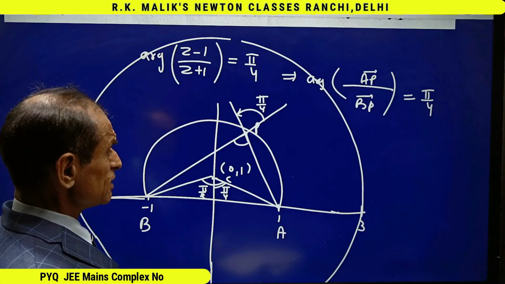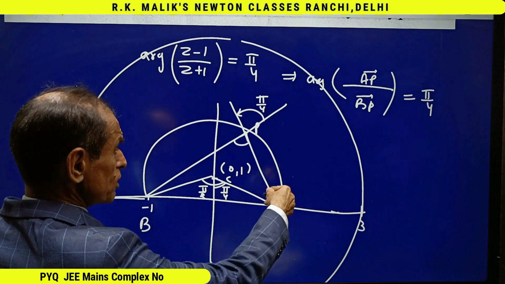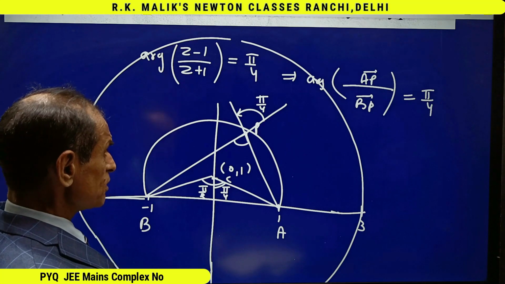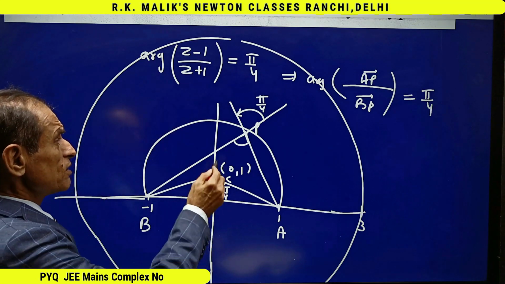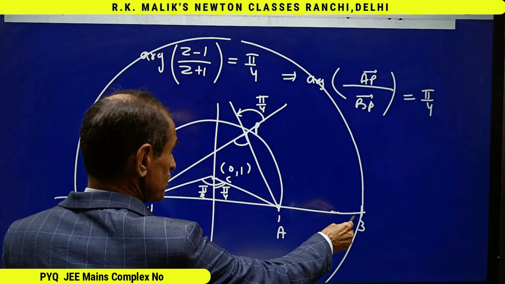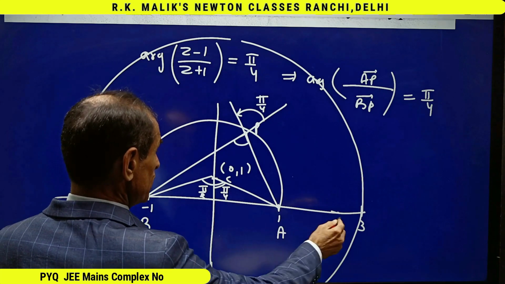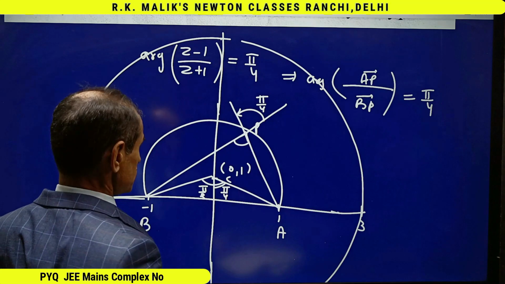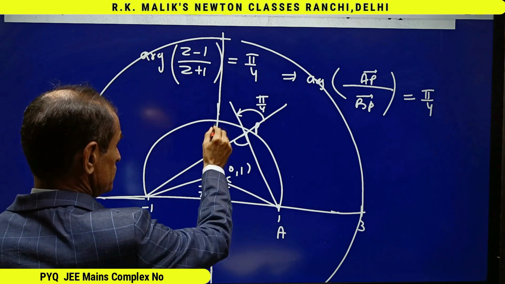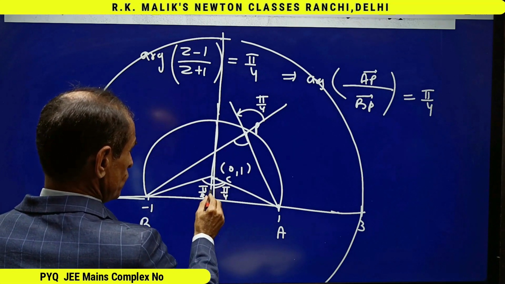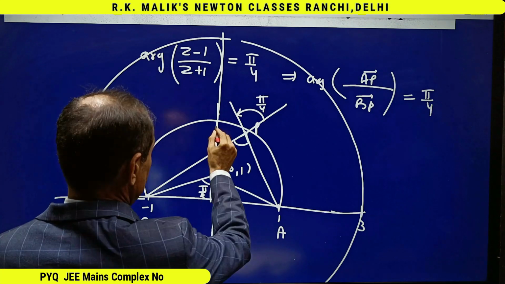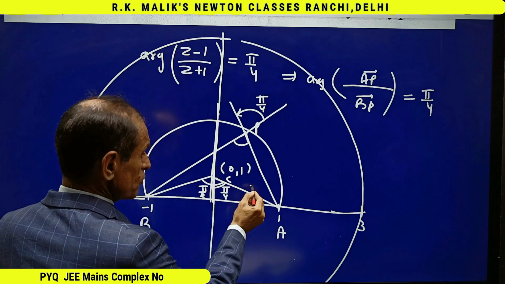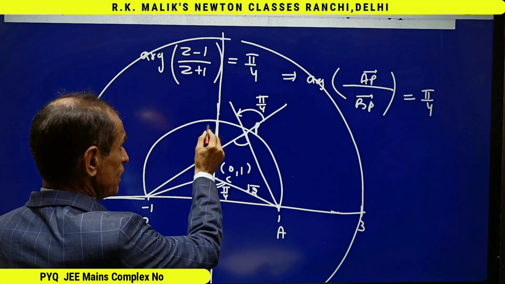Otherwise, it is clear that these two circles are not cutting anywhere. Still, for confirmation, it is clear that because this is 1, this is 3, the circle cannot intersect here. And here, this height is 3 and this height is 1 plus the radius. The radius is clearly root 2.